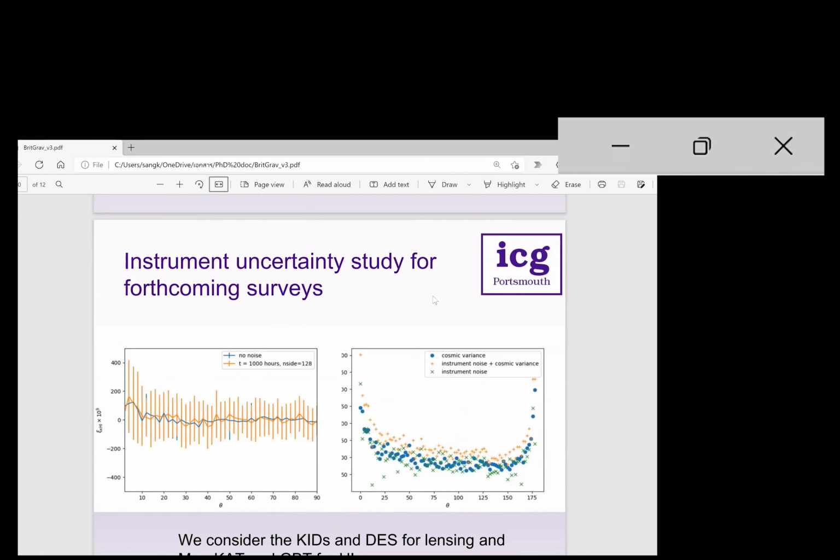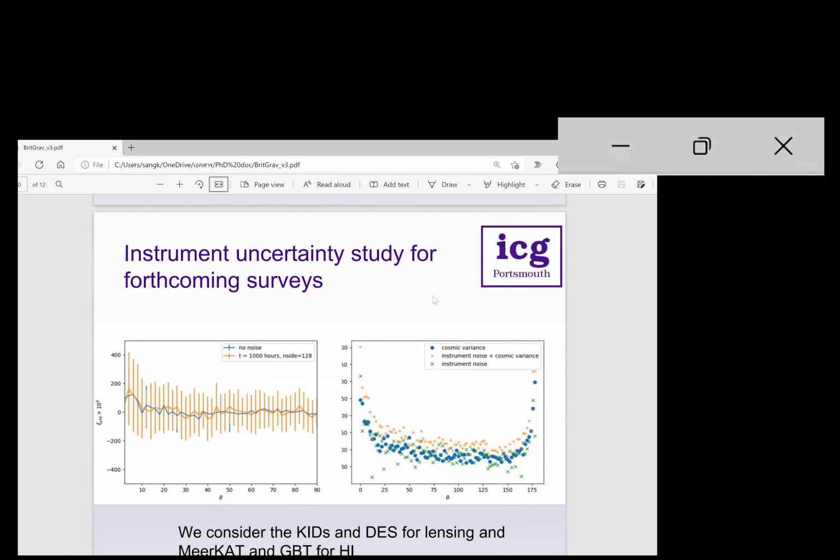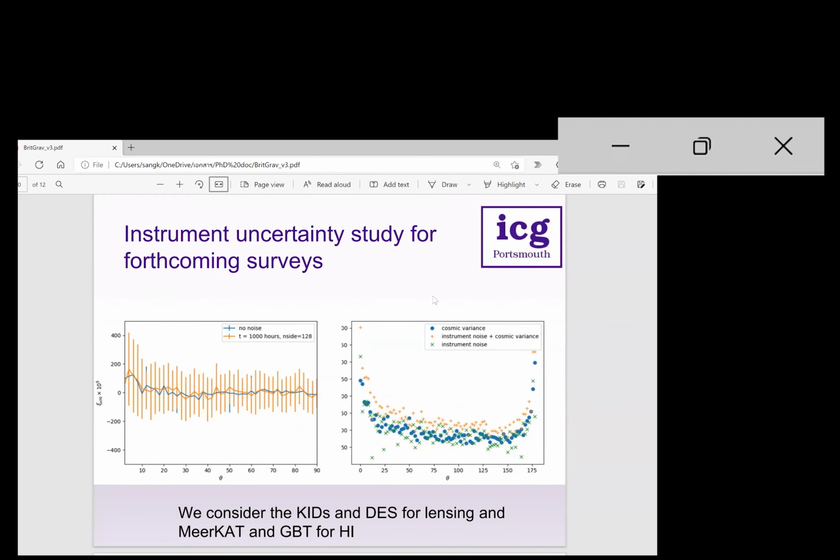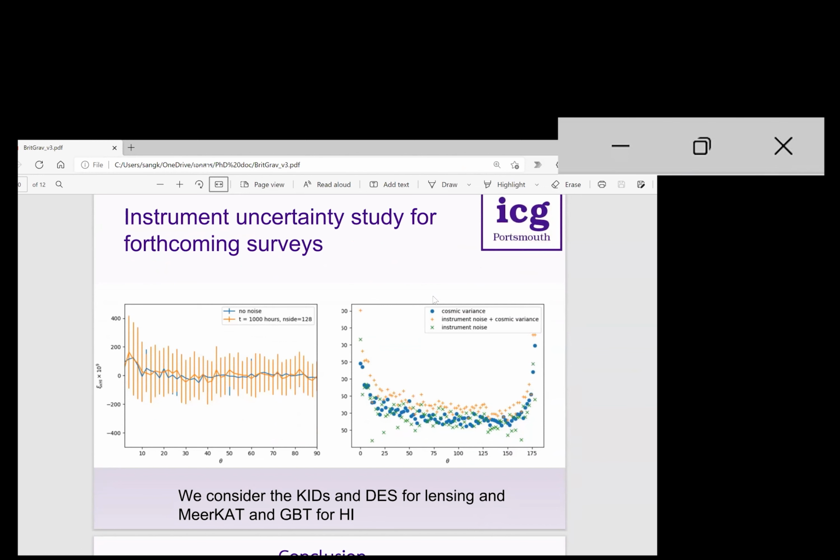Then we apply the uncertainty for the forthcoming surveys, in this case the instrument noise and thermal noise for CHIME, DEEP, MeerKAT and GBT, and we separate the cosmic variance and instrument noise. We can see that the magnitudes of those noises are comparable to each other.